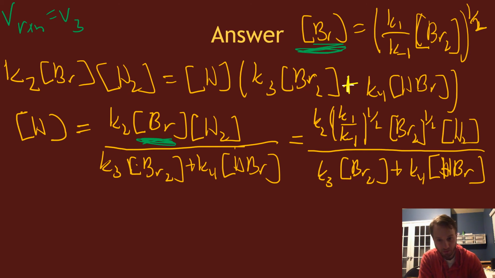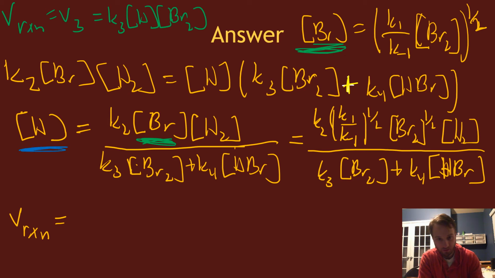And then v3 here, for those who recall or have written down, v3 is equal to k3[H][Br2].